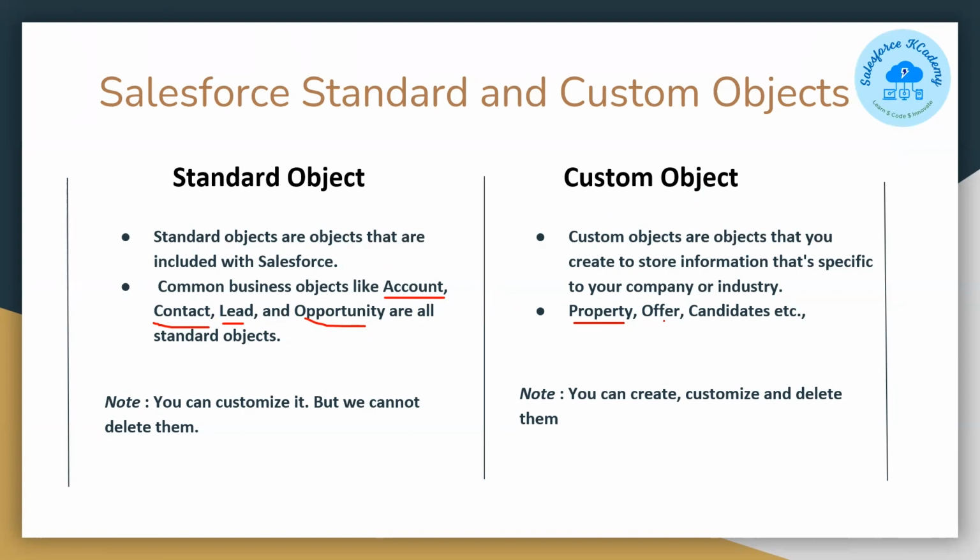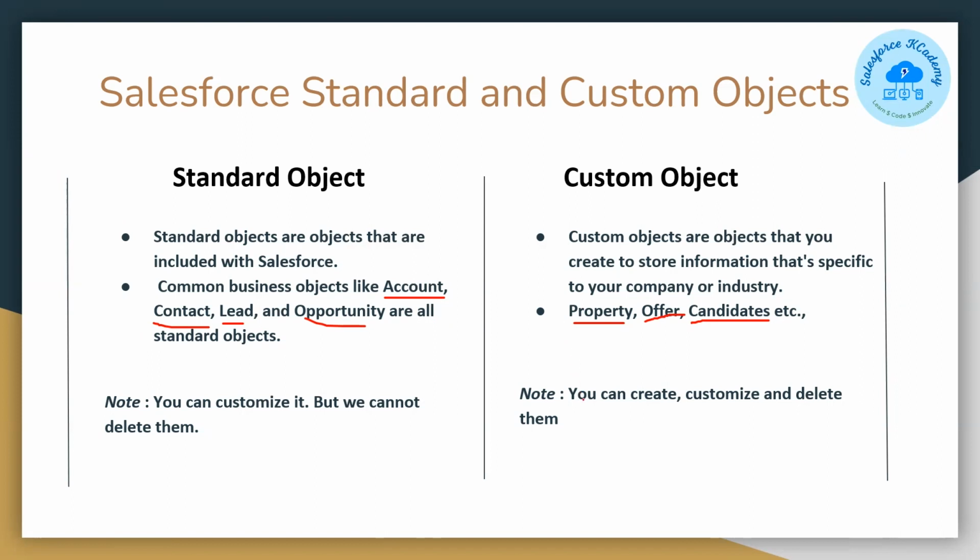If you are developing the application to serve the purpose of hiring in your company, then you can build the object offer, or you can build the object candidates. So it depends upon your business requirement: if you want to go with the existing standard objects, you can use those, or you can develop your custom object as well.